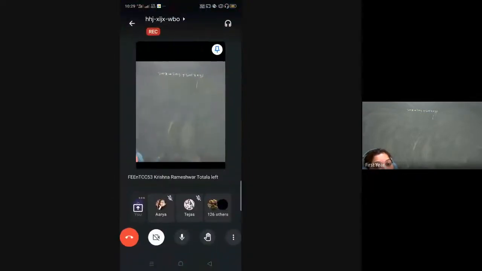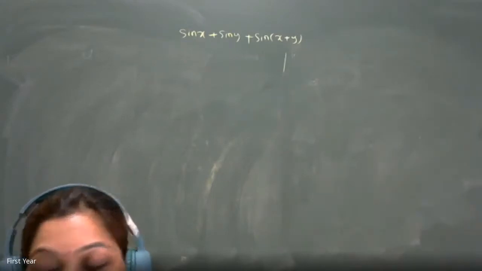Minus cos x can be written as cos of pi minus x, and therefore 2x is pi minus x, and x is therefore equal to pi by 3. Is that clear to everyone? And x is equal to y, so y is also pi by 3, and therefore that's your point, which is pi by 3 comma pi by 3. Clear to everyone? Yes, ma'am. So that's the reason we are getting the point P to be pi by 3.